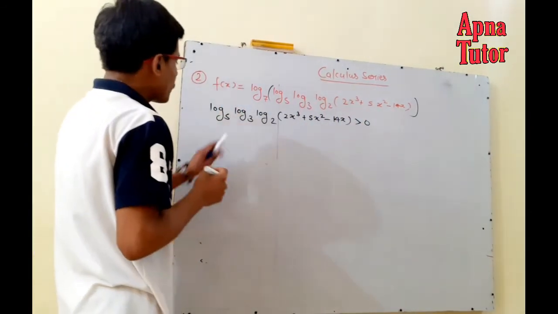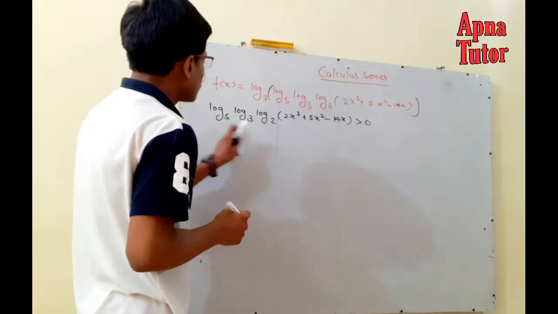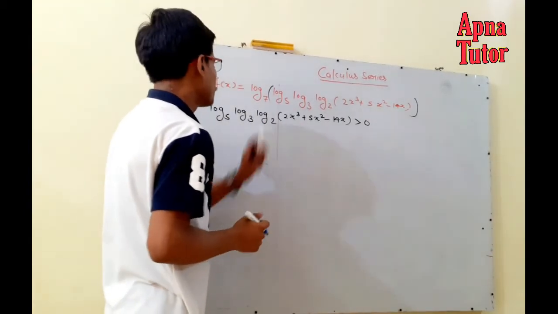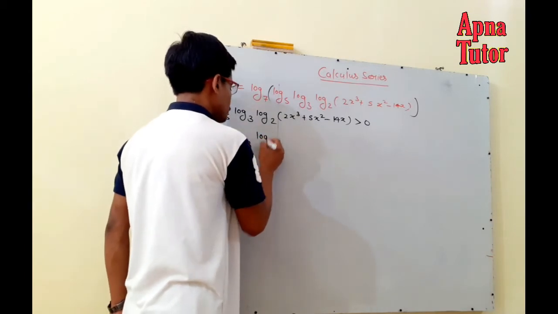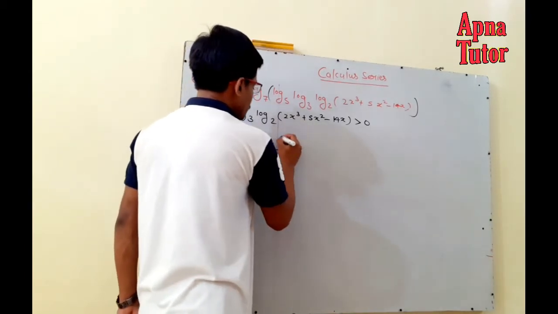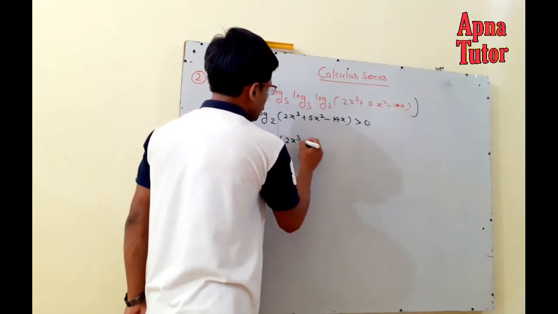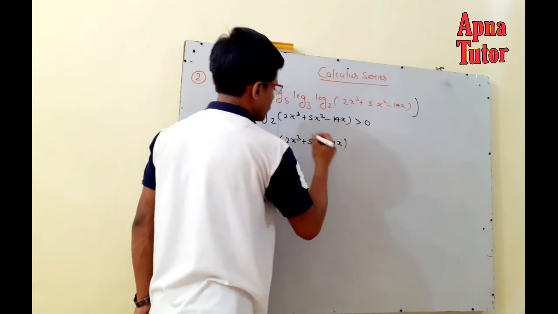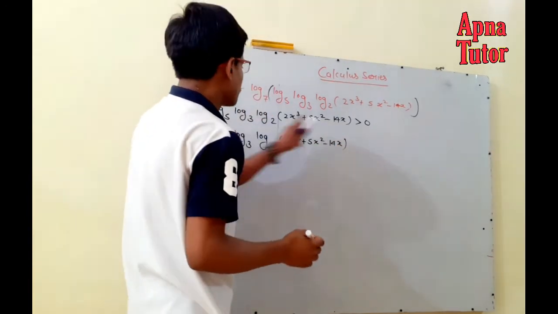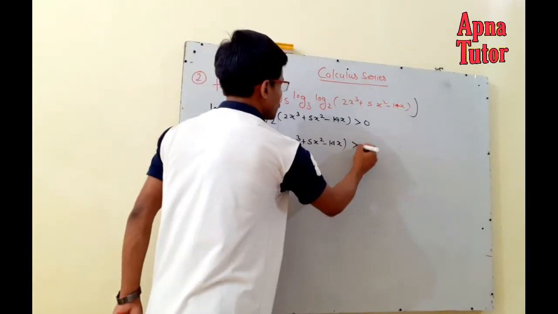The same condition you will apply for this also. So log 3 and log 2 of 2x cube plus 5x square minus 14x must be greater than 5 to the power 0, which is 1.